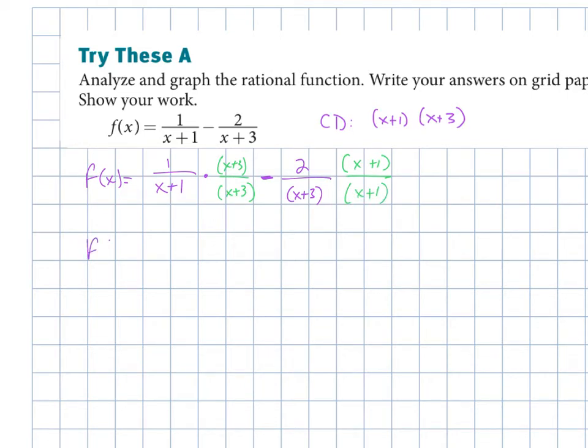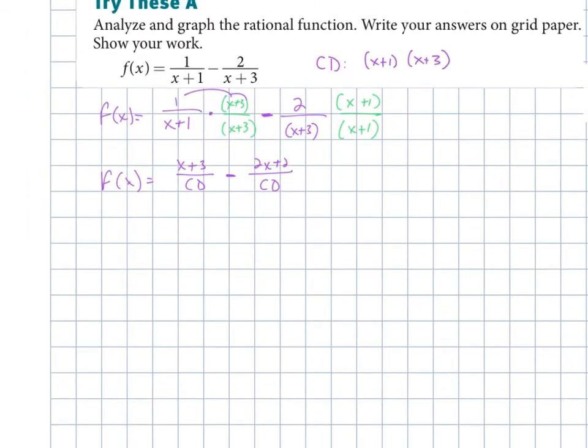That allows me to get, multiplying the 1 in here, x plus 3 over my new common denominator minus 2x plus 2 over my new common denominator. I do that to simplify things and help the next step go smoother. The whole point of that is that the minus is going to distribute to both parts. So I wind up with x plus 3 minus 2x minus 2 all over my common denominator.